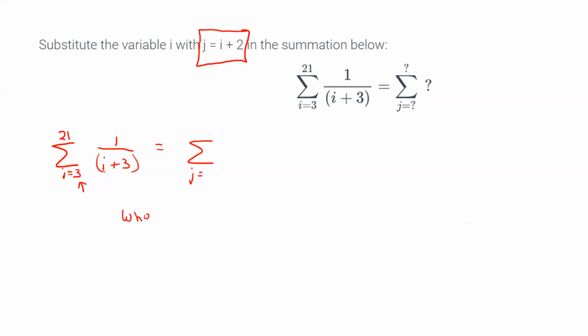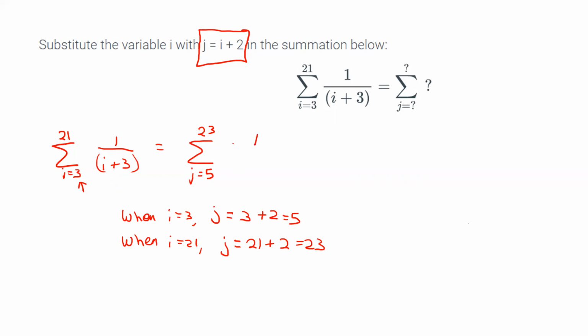So when I is 3, J is equal to 3 plus 2, which is 5. So I'm going to start with a 5. And then when I equals 21, J is equal to 21 plus 2, which is 23. So I'll have a 23 here.